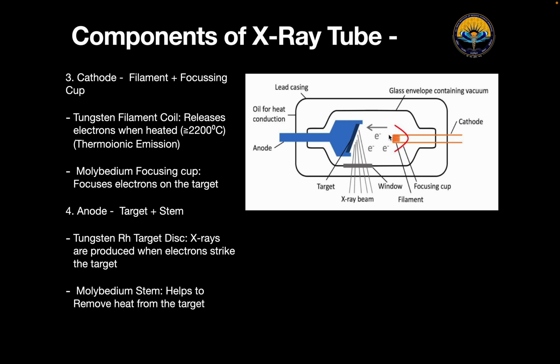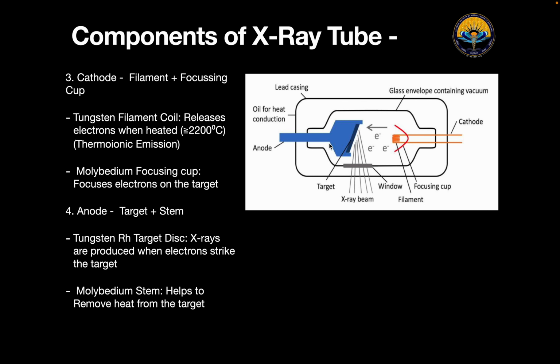The main energy which will accelerate the electron from cathode to anode is the potential difference which we will create. So we create a potential difference between the cathode and anode, and that is the main accelerating factor which will accelerate the electron towards the anode, and it will go and hit the anode.